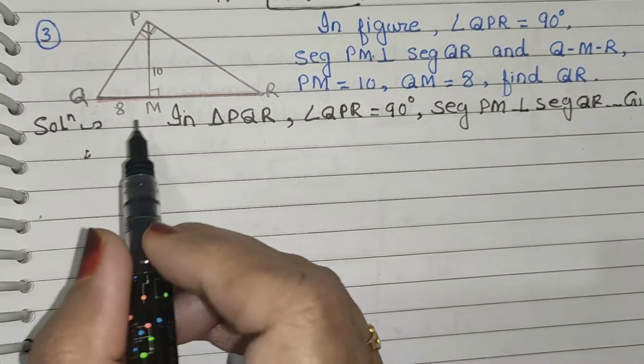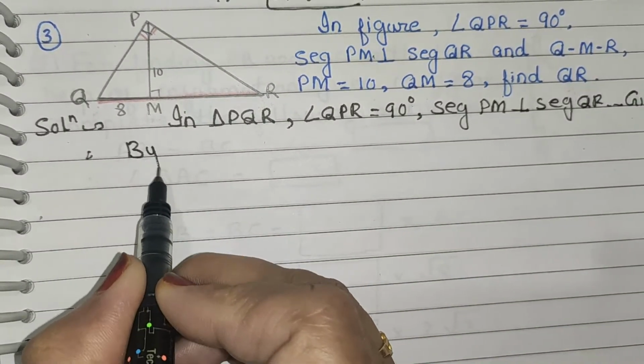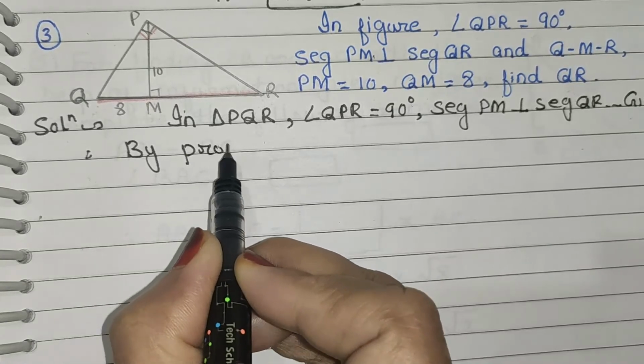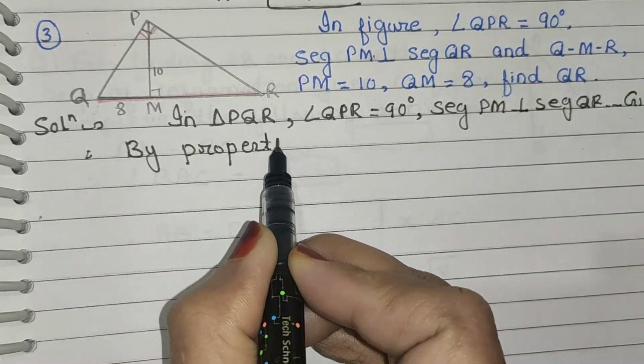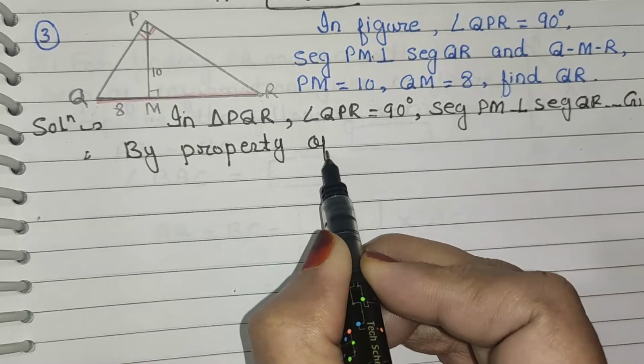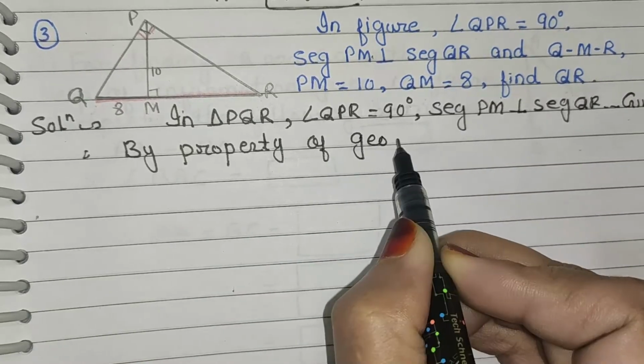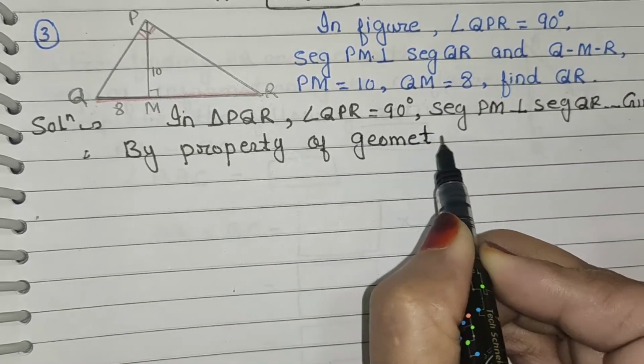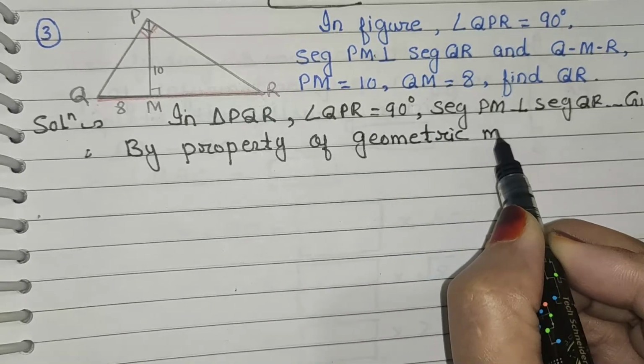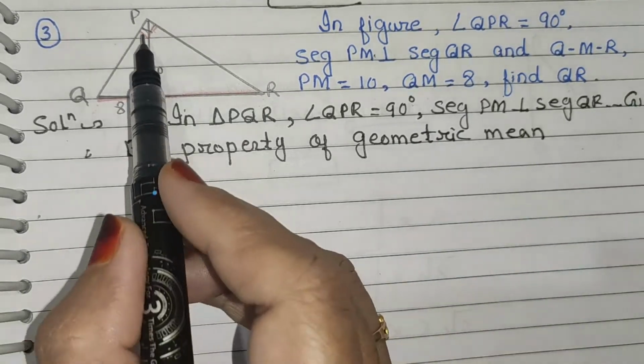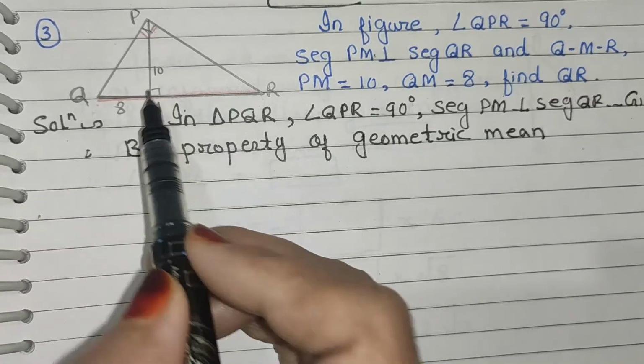Therefore, by property of geometric mean, now the perpendicular line is PM.